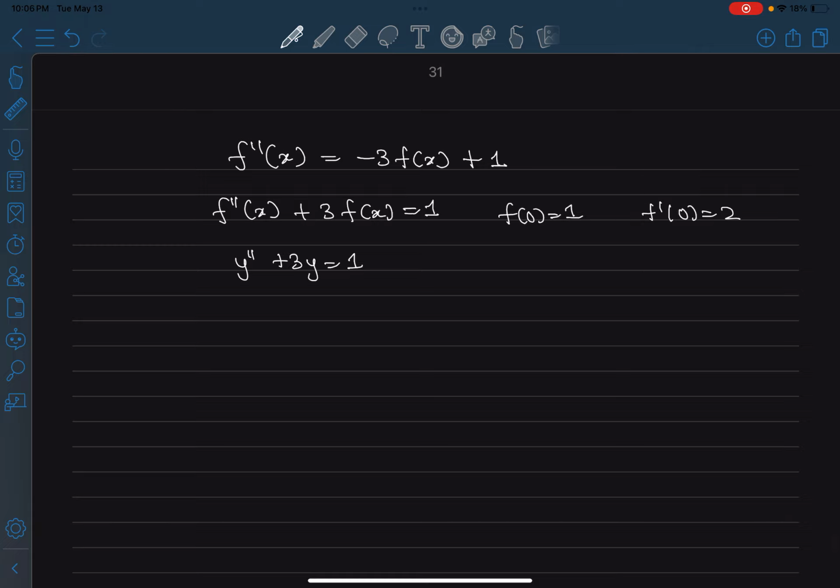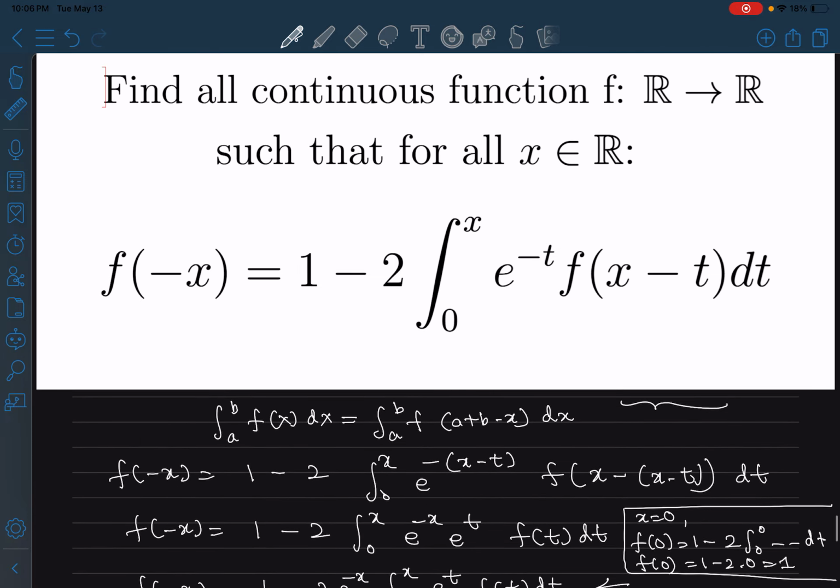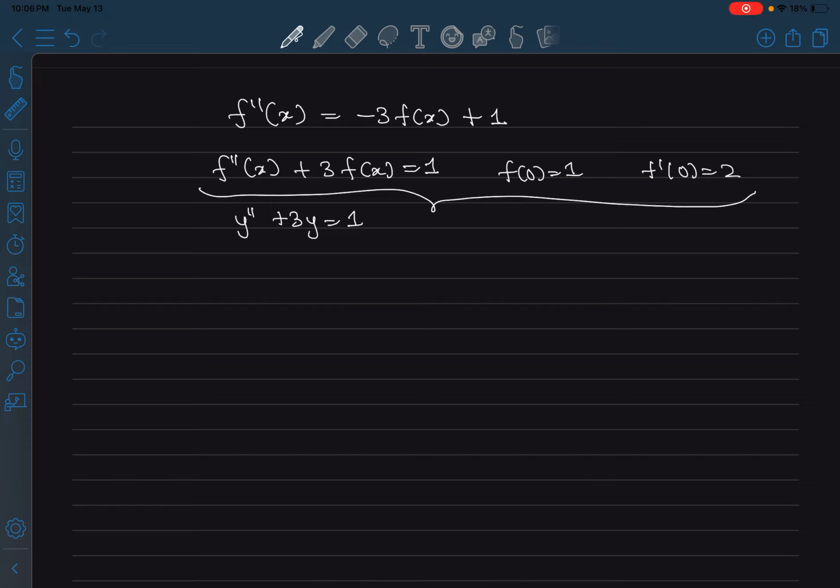So now we know that all the functions that satisfy the given criteria will also satisfy this criteria, right? Because these are just derived from the ones given. And this is a second order constant coefficient linear differential equation, right?